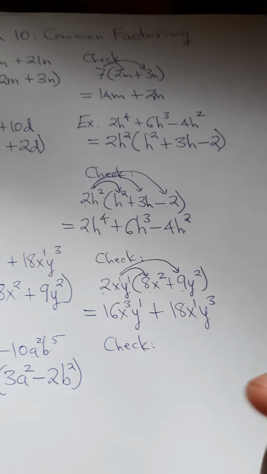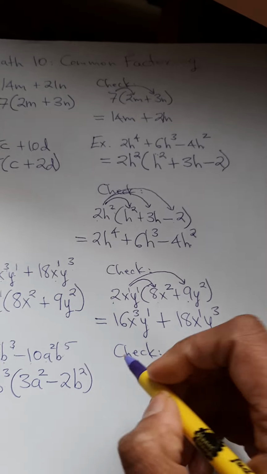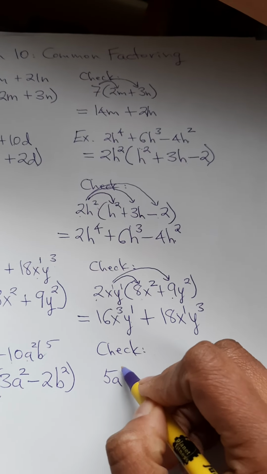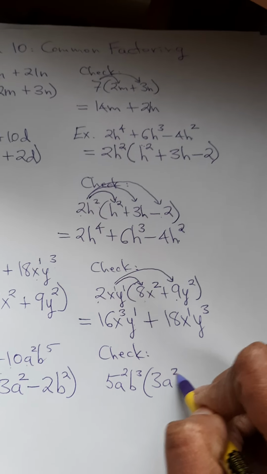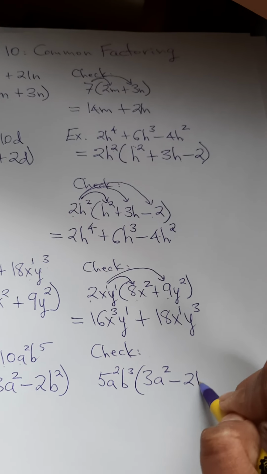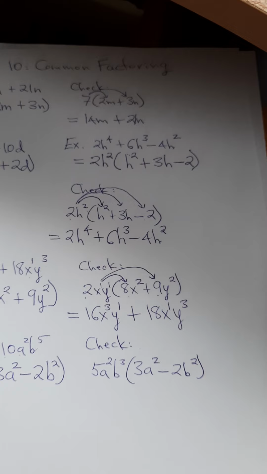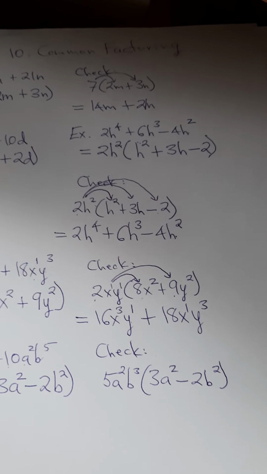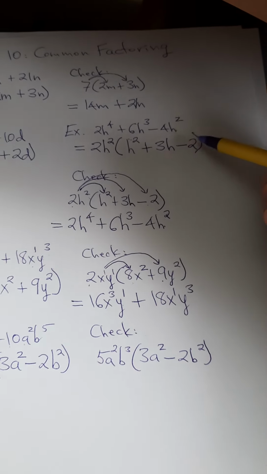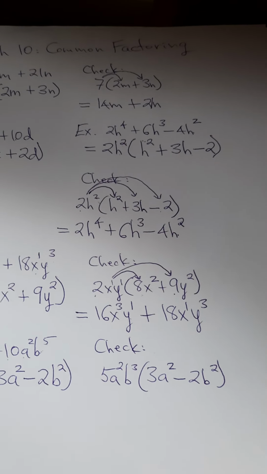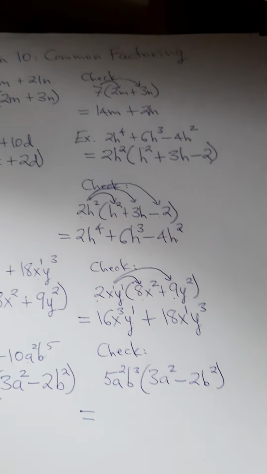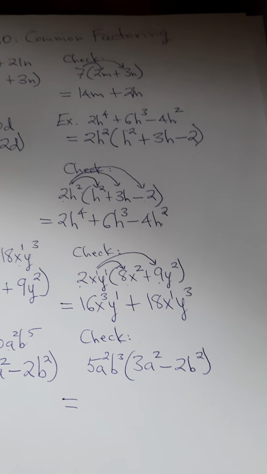The teacher will most likely give you questions that are a little more complex. Remember, you can also have 3 terms, it doesn't just have to be 2 terms. In that case, make sure you are looking for the greatest common factor involving all 3 terms, like the example we did up here. The teacher will give you more variables just to try and trick you. So this is our check.